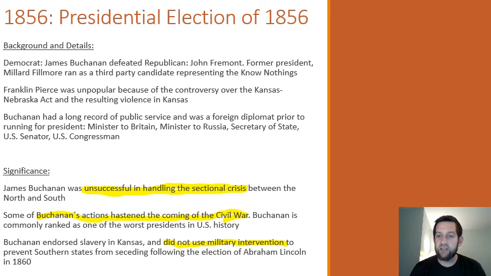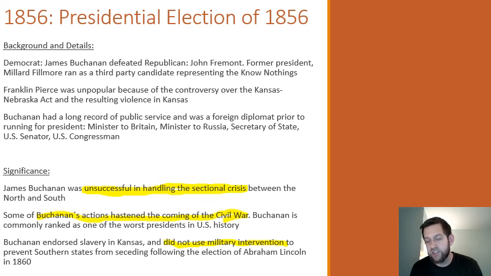So basically, Buchanan, when the South eventually does leave the country, by far his worst act as president was that when the Southern states left the country in 1860, our president, James Buchanan, did nothing. Buchanan did absolutely zero, and he said, I disagree with the South's decision to secede.